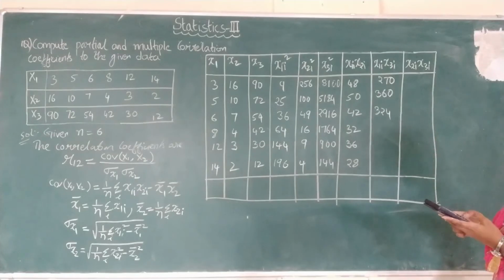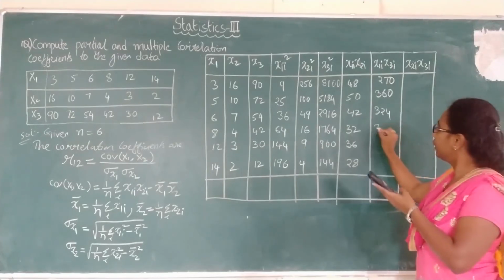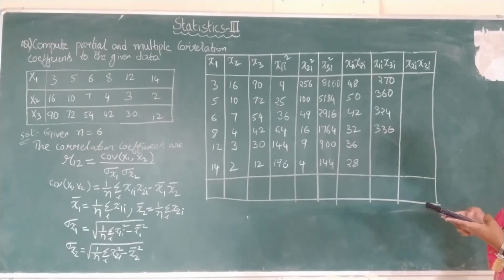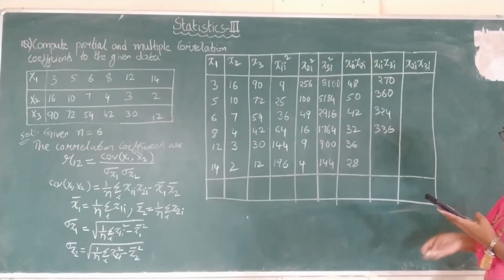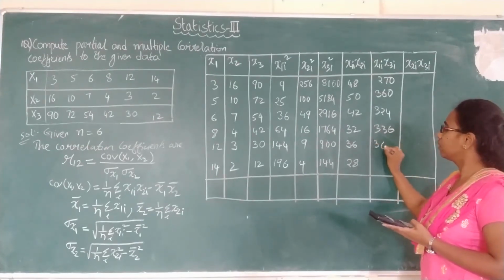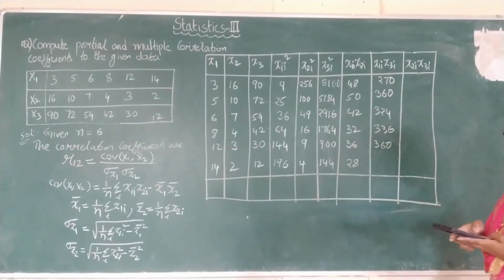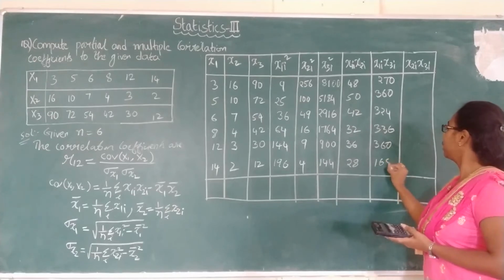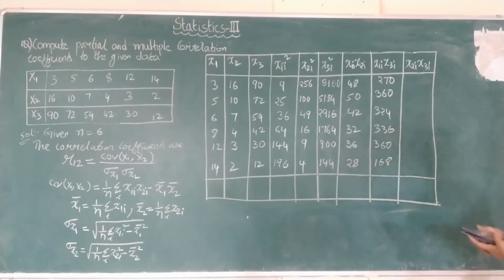So 42 into 8, 336. Next 30 into 12, 360. 14 into 12, 168. Now next we have to find the product of x2 and x3.